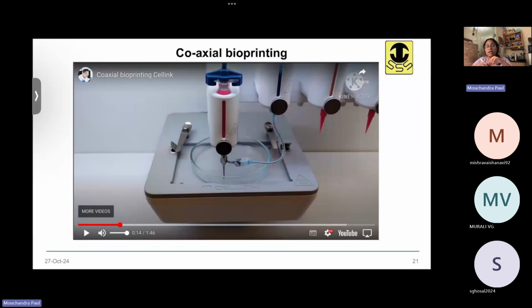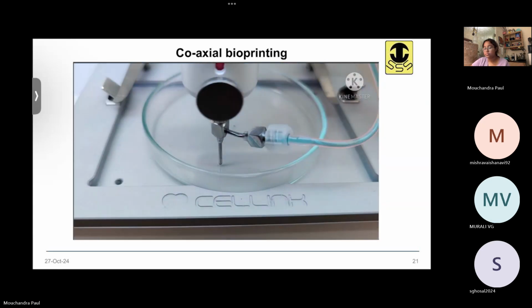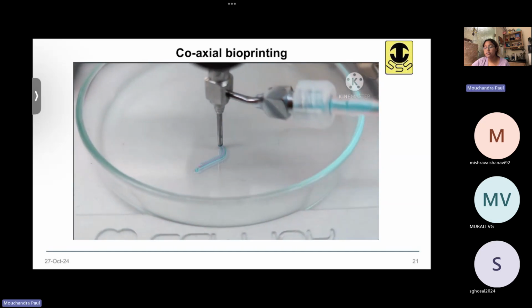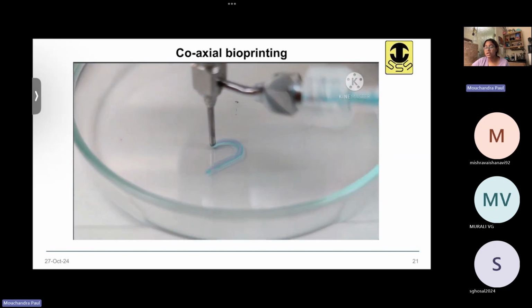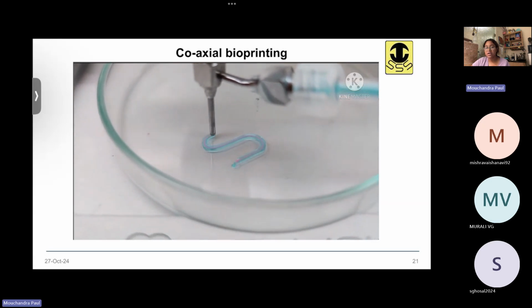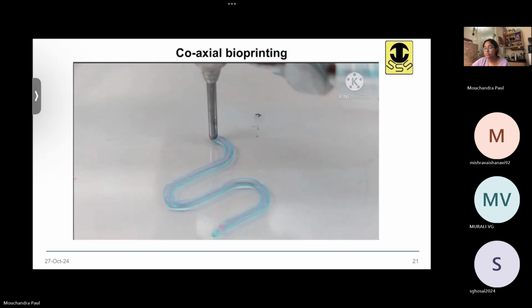Okay, there is one needle inside the other, and these two needles have different outlets. So the blue material is the shell material, and inside it, the pinkish red color material is the core material.